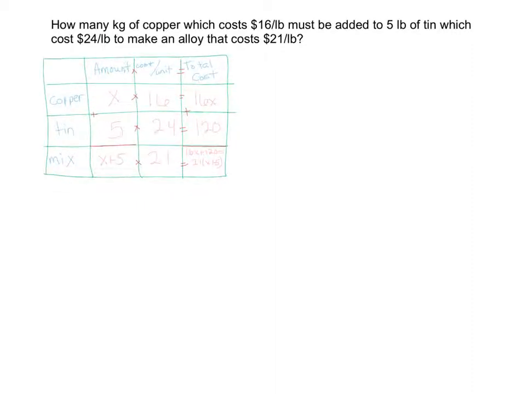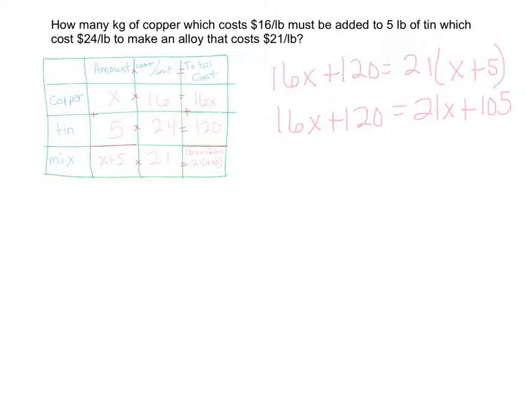Now we can take that equation and solve it. 16x plus 120 equals 21 times x plus 5. So 16x plus 120 equals 21x plus 105. And you subtract 16x. 120 equals 5x plus 105.